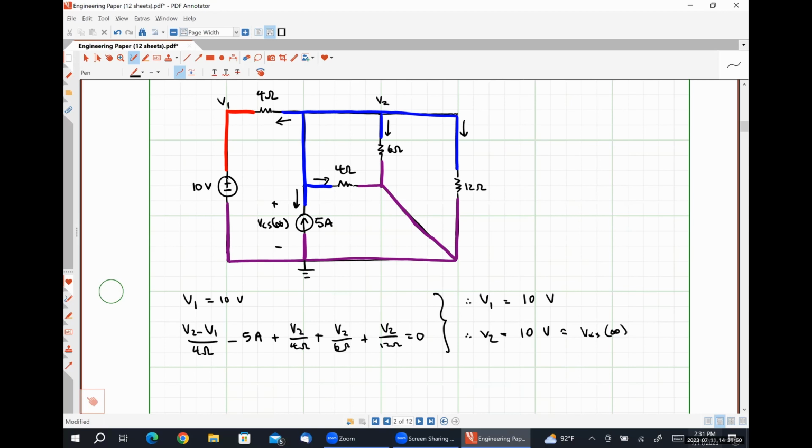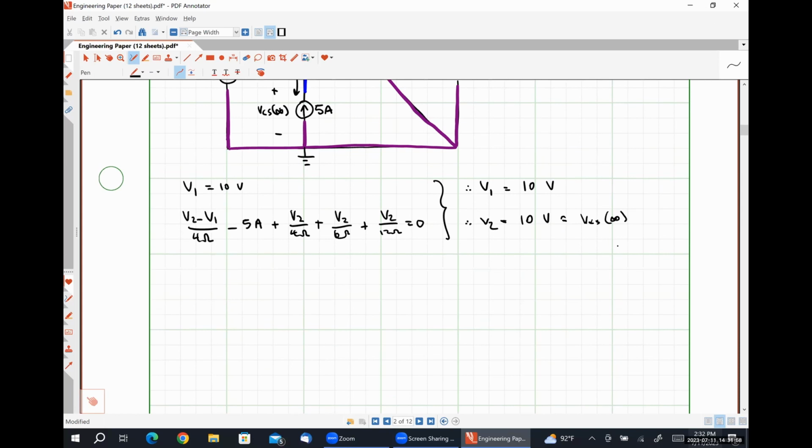That's good news. So now we're going to move along to determining the time constant for our circuit. So that's step number 4. Determine tau during the transient condition.